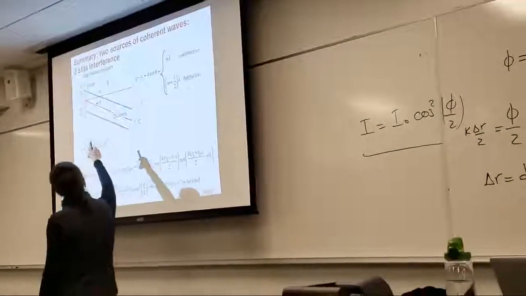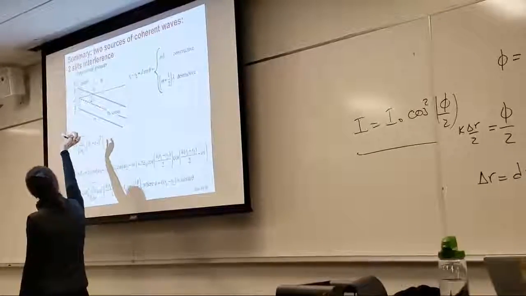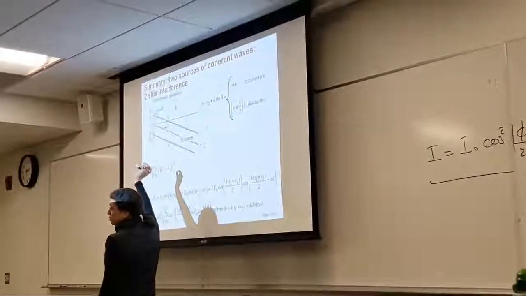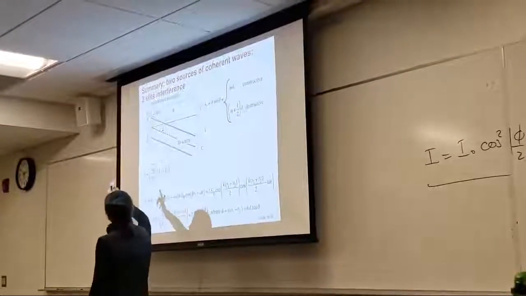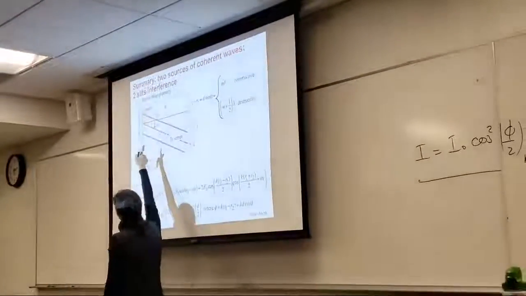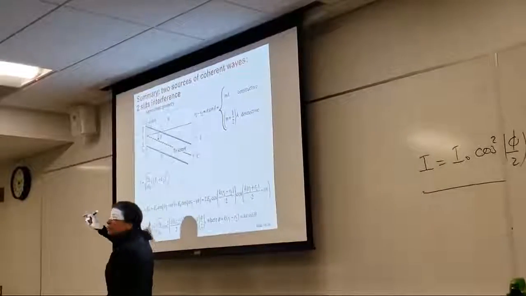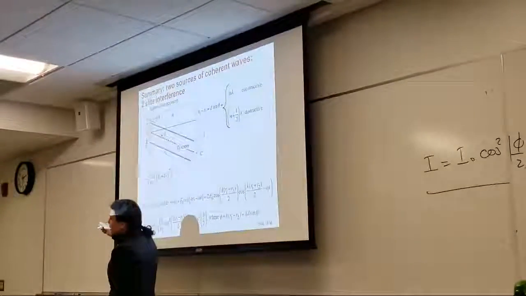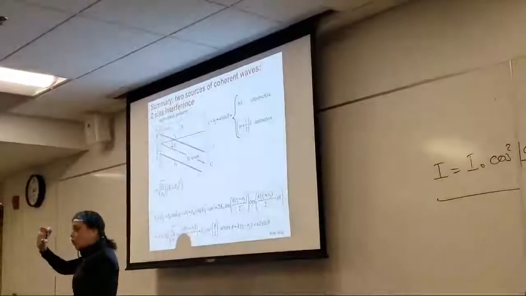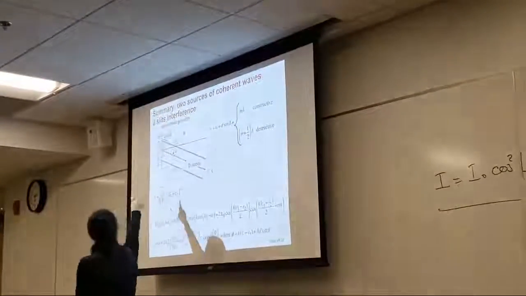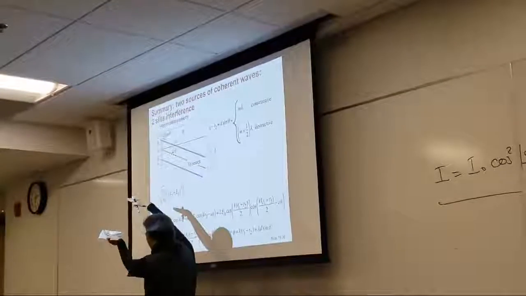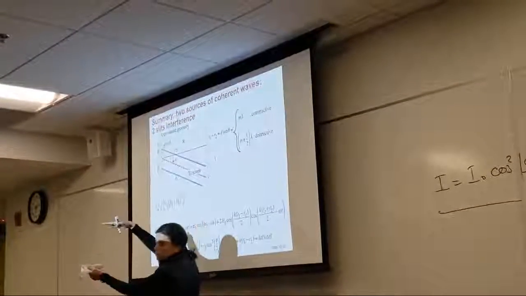And so d sine theta is simply that little bit of a difference between the two rays before they get to the screen, right? Difference in path length. The one on top is a little longer, by d sine theta. D is the distance between the two holes that generate the pattern, and theta is the angle that these two rays make with the horizontal.